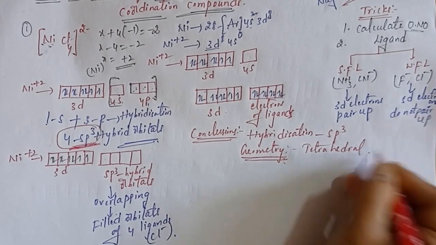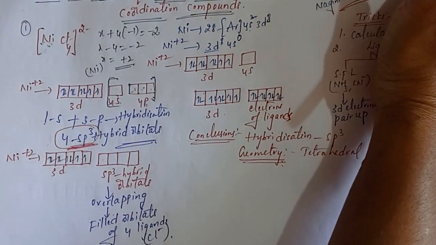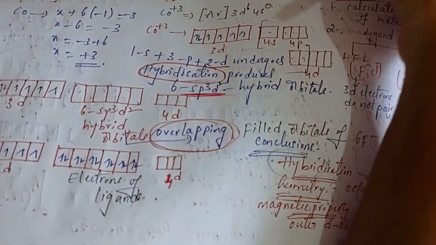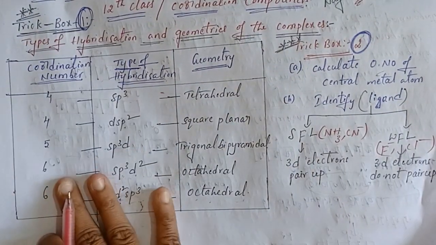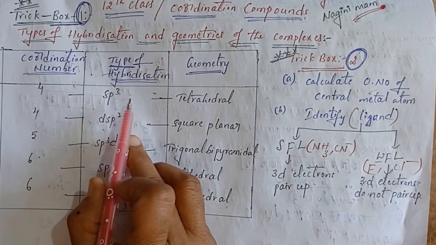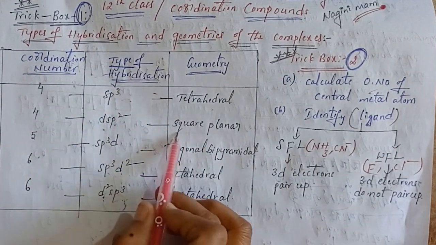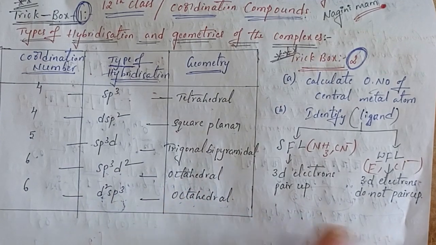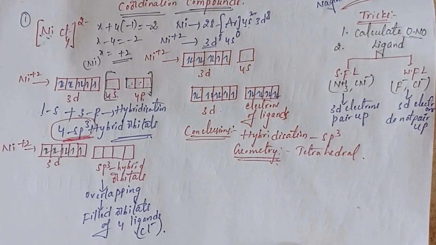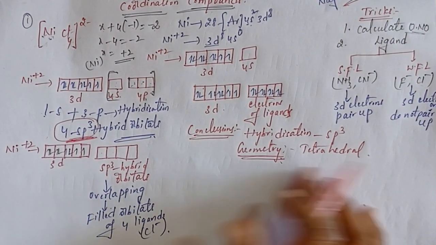How to identify this shape, madam? sp3 tetrahedral, this table you have to practice, students, then you can easily write. sp3 hybridization means tetrahedral. dsp2 is square planar. This is trigonal bipyramidal. These two are octahedral. Now see here, so it is tetrahedral geometry.